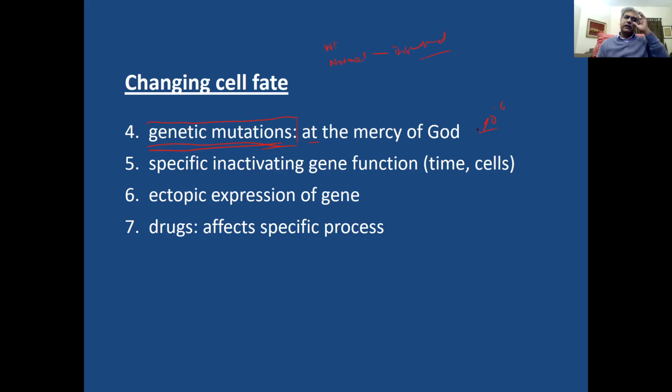However, you can also, when you want to study developmental biology, when you want to understand cellular function in the context of development, you can do genetic mutations, and you can do very precise genetic mutations using homologous recombination.